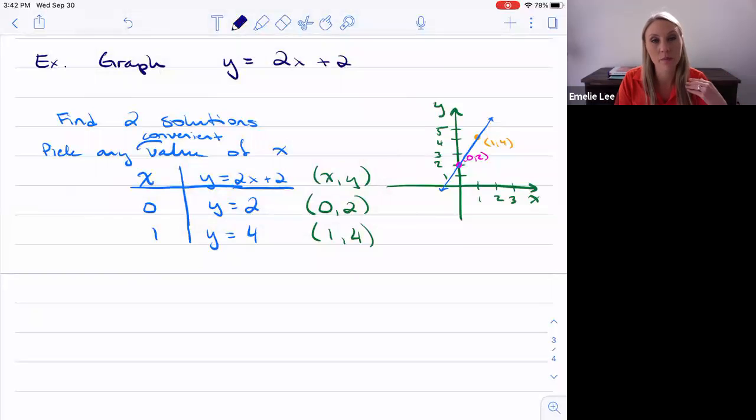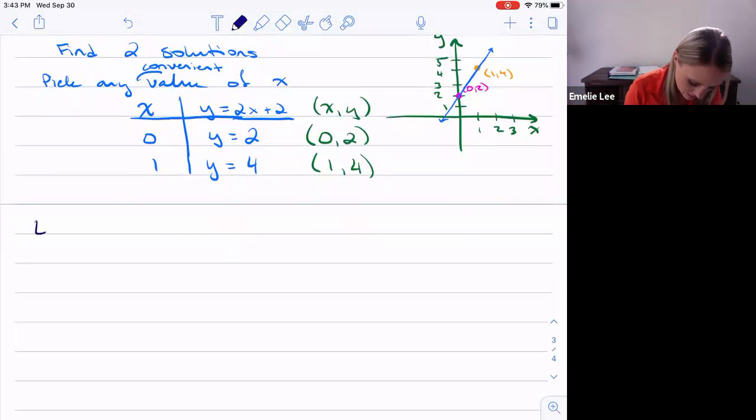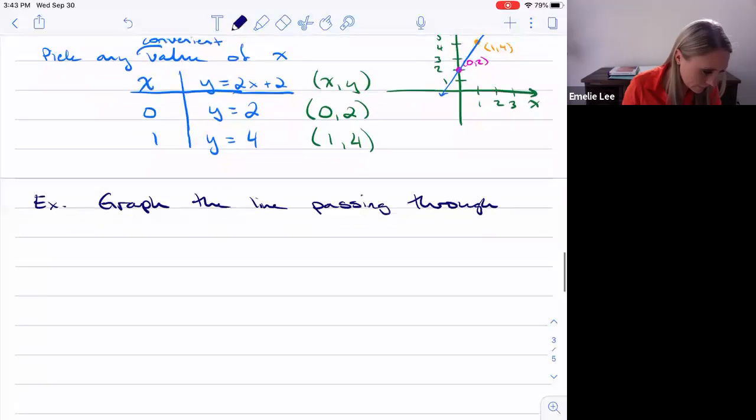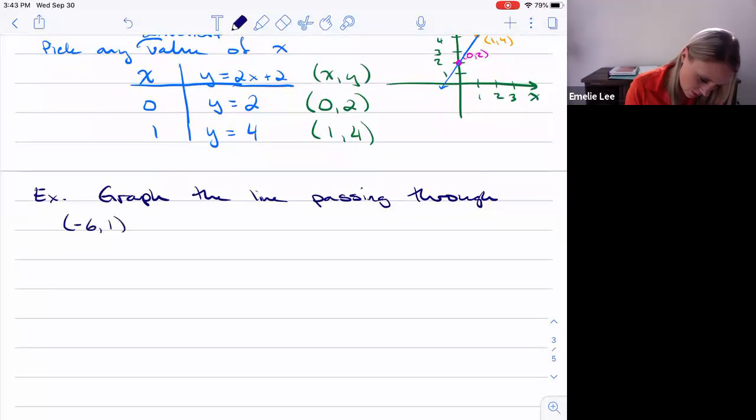So that's usually if you have the equation or if you have the line, then you can just find 2 solutions on there, find those on the graph, plot them, be done. Another example would be graph the line passing through -6, 1 with slope m equals -2 over 5.